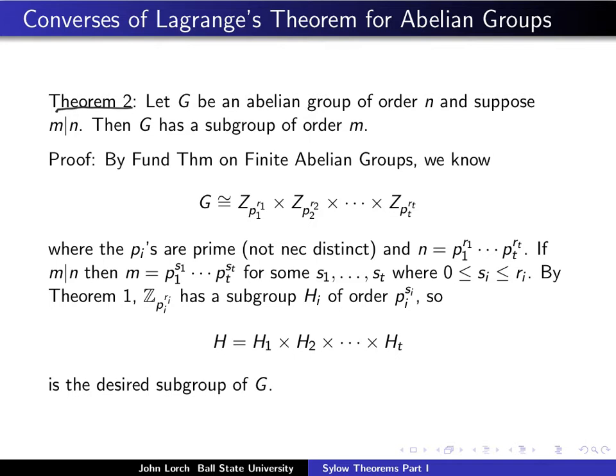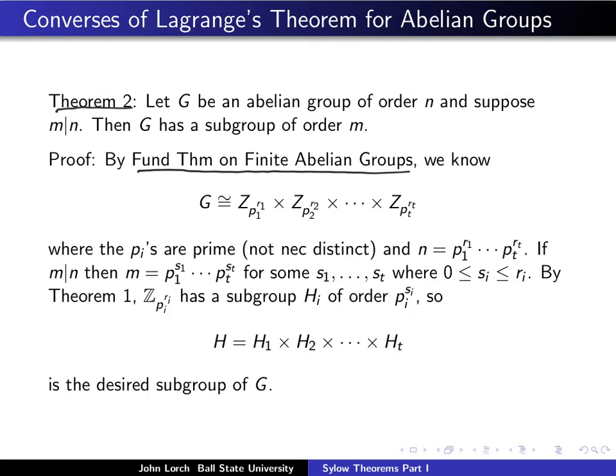Now, just recently, we had this fundamental theorem on finite abelian groups, which says that G must be isomorphic to a direct product of these modular integer groups, where all of these p sub i's are prime, but not necessarily distinct, and the size of the group is just the product of all of those prime powers.